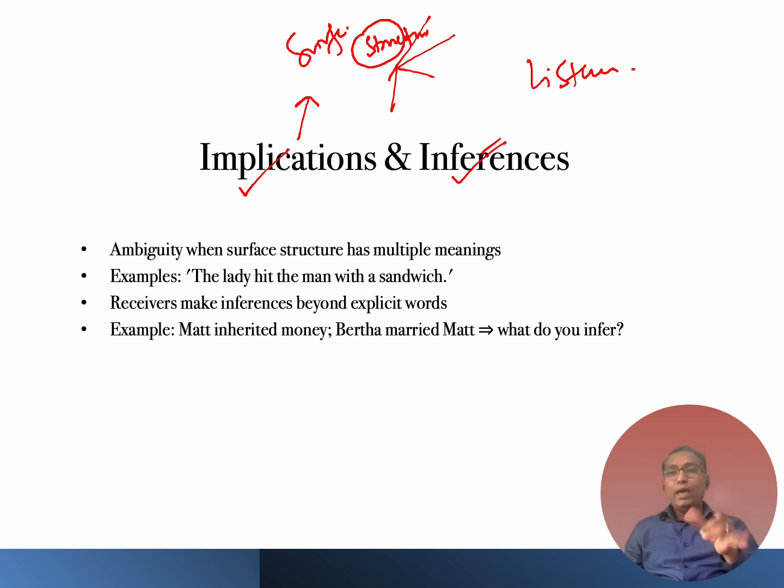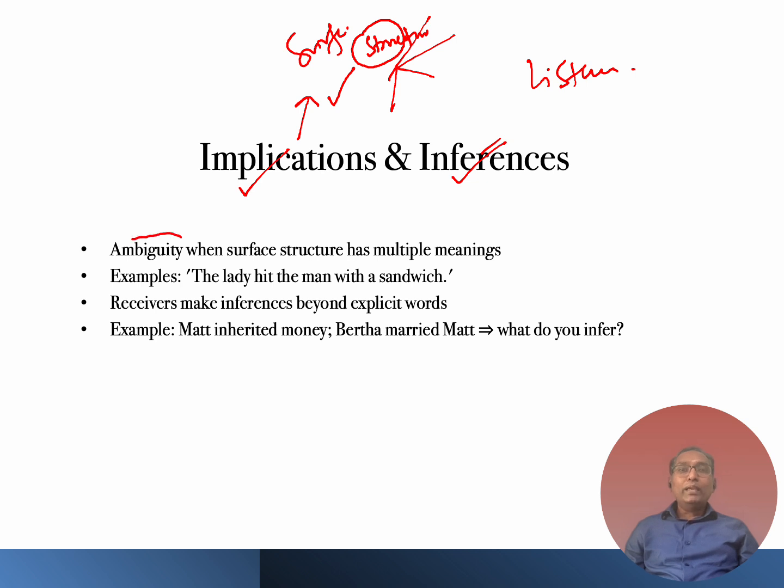And if that matches, then it's an authorized inference. So it is important on the speaker's part to make sure that the words they use imply one but not multiple things, right? And make sure that there are no possibilities of generating unauthorized inferences by clarifying clearly as a speaker what you intend to say. And we'll talk about this in the upcoming slides.